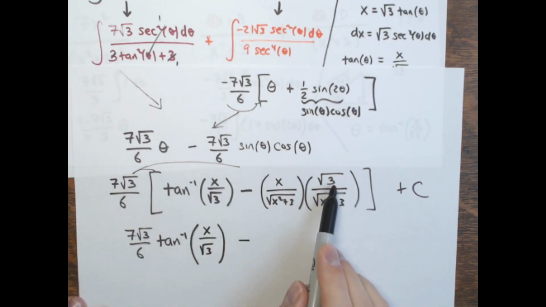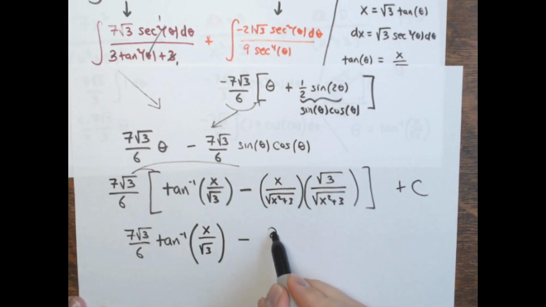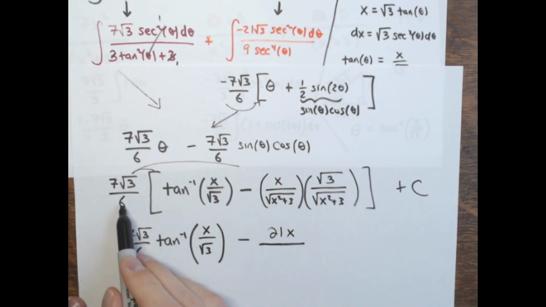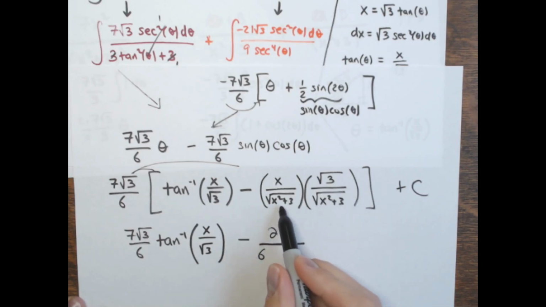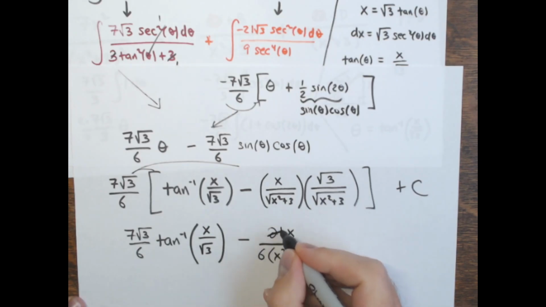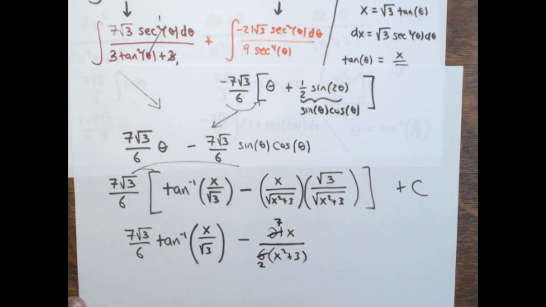So 7 times the square root of 9, 7 times 3, you'd have 21x in the numerator over, and that'll actually simplify out the 6 a bit. Right, you'd have 6 down here, and then square root of x squared plus 3 times square root of x squared plus 3 would just be the quantity x squared plus 3. And 21 is 7 times 3, 6 is 2 times 3, that's 7 halves. And if you want to distribute the 2 here, make this 2x squared plus 6, that's fine.